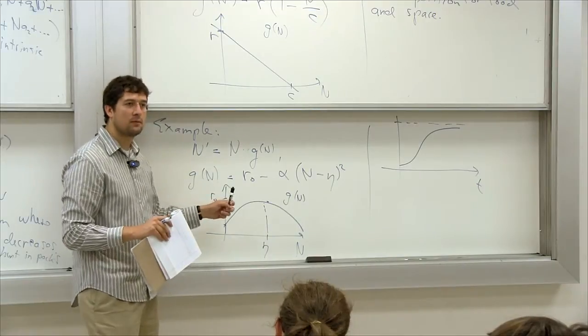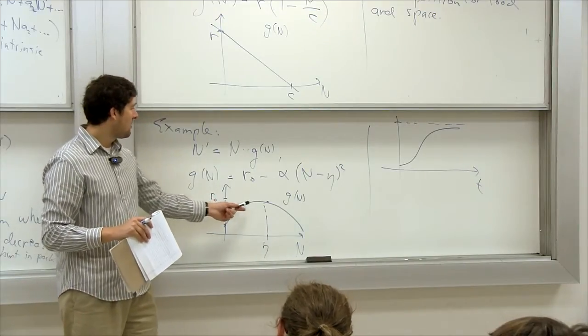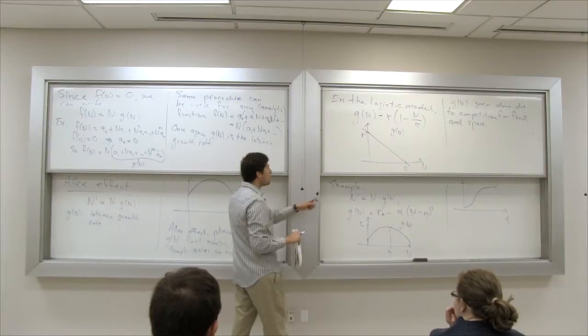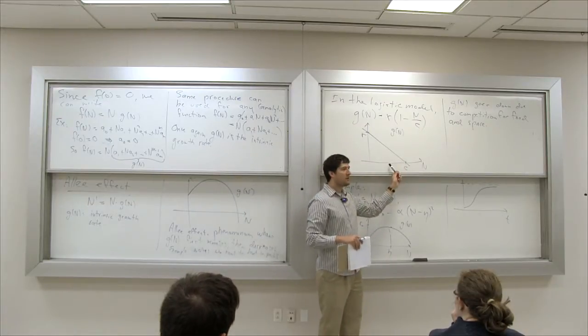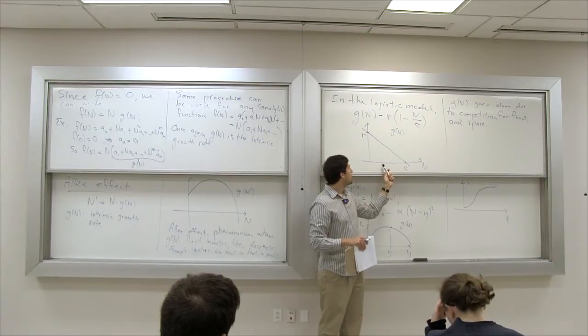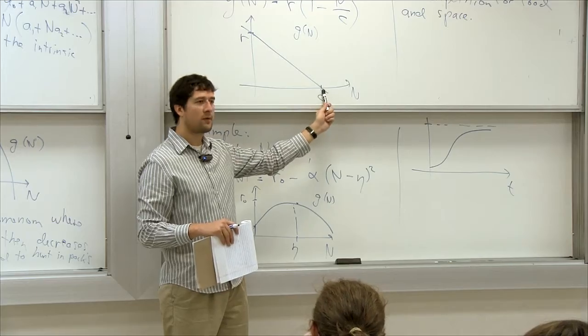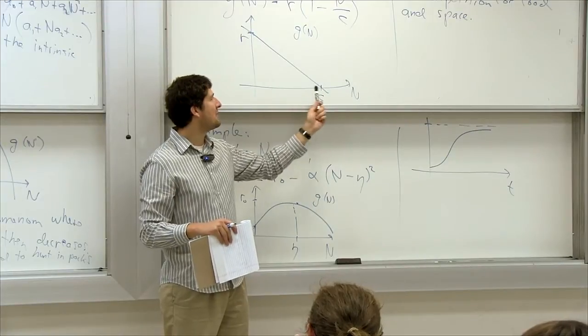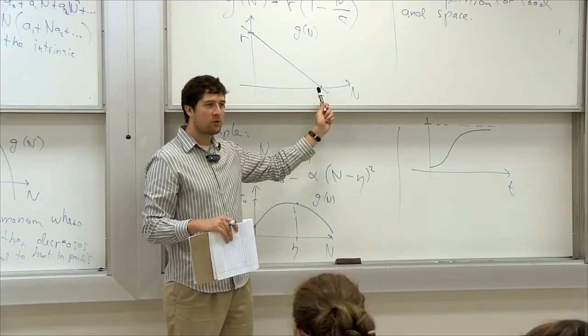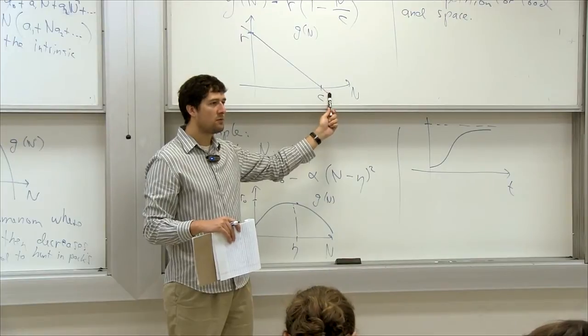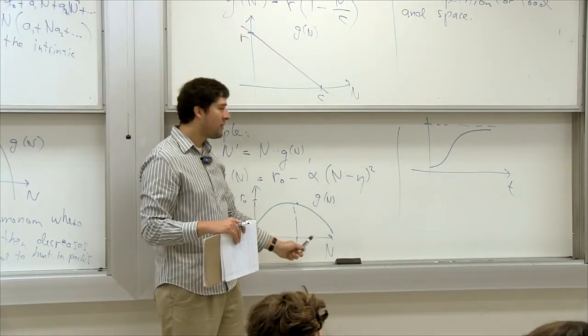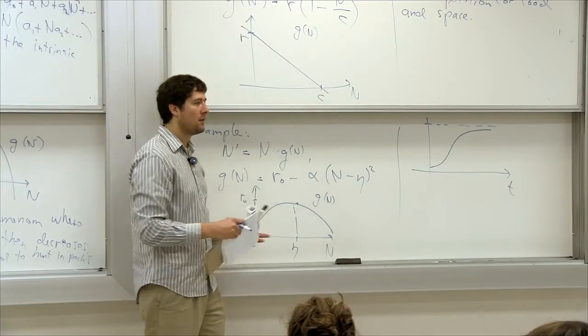Let me give you a hint. The carrying capacity in the logistic model is C, right? And where can you see C in this graph? It's down here, right? It's where the growth rate per individual, the intrinsic growth rate, becomes 0. So it would be the same thing actually here.